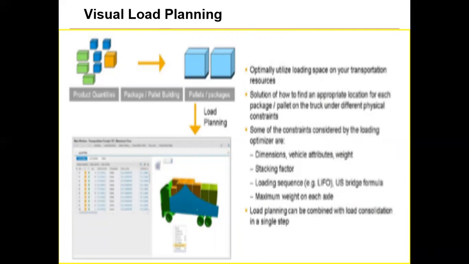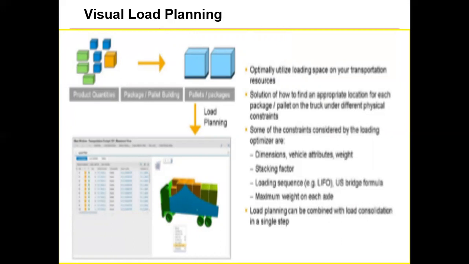So how to see this load planning based on the transportation units of the trucks, vehicles, or air flights, and we need to optimize the load space for the transportation resources. Okay, how to optimize the loading spaces of the transportation unit.